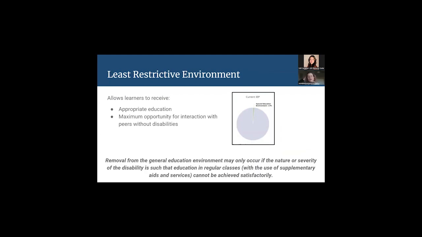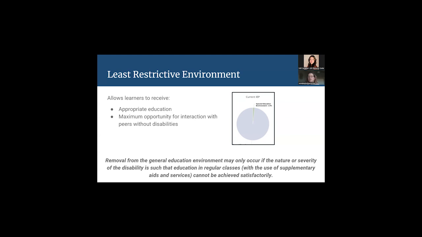Okay, the last consideration that we're going to talk about is least restrictive environment. The least restrictive environment allows learners to receive appropriate education to the maximum extent of interaction with peers without disabilities. You will see on your IEP a graph that shows the percentage that the child is in special education.